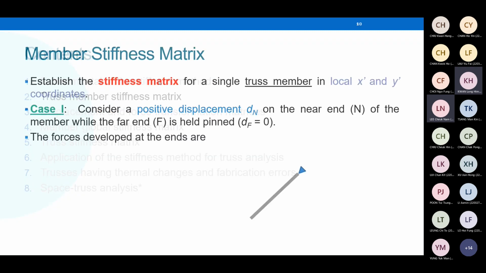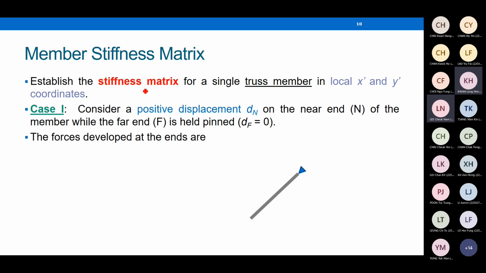At the beginning, let us have a look at how you can formulate a problem. This also explains why we can convert a structural problem into a matrix problem. In this part, we are going to establish the stiffness matrix for a single truss member in terms of its local x prime and y prime coordinates.